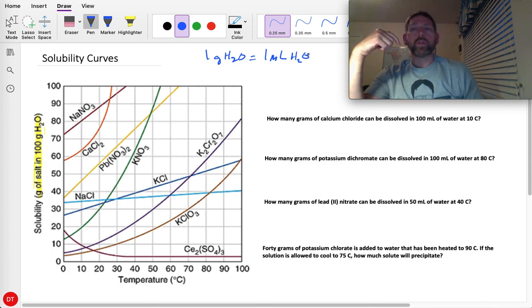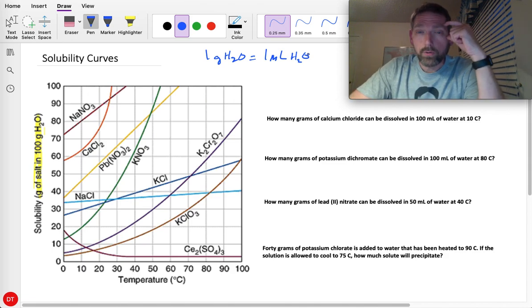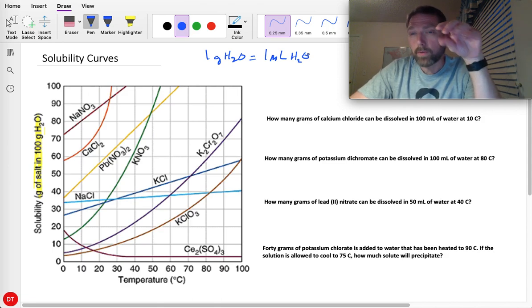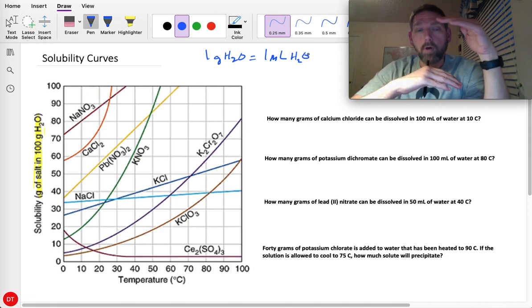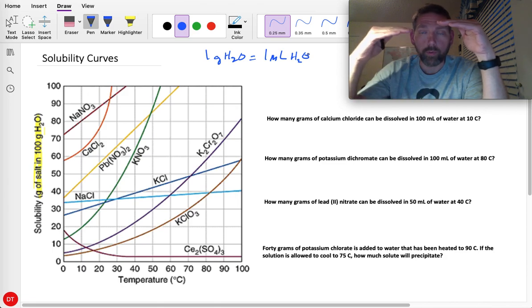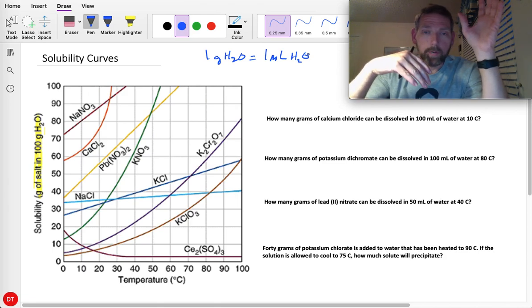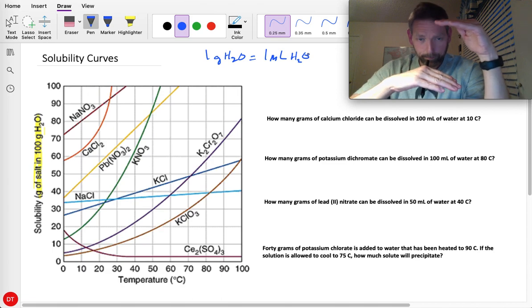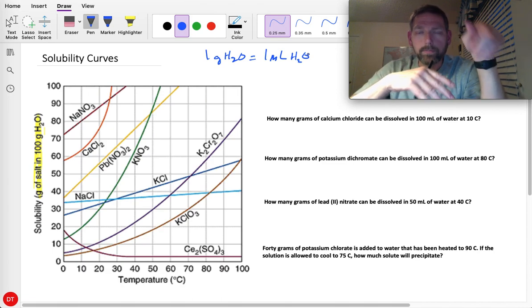But just know that there are times when understanding the concentration of a solution is important, but what's more important is to understand the mass of solvent that you're working with, because that mass of solvent doesn't change no matter how much you heat it up, so long as you keep all of the solvent captured. If you don't reach its boiling point and then it escapes as vapor, so long as you can keep that contained, then you have all the mass of that solvent. So that's the reason for this here.